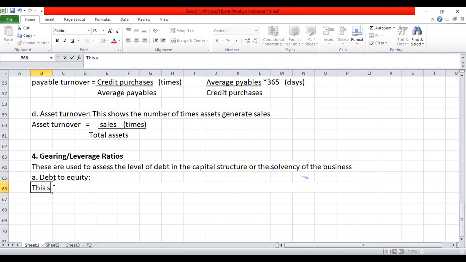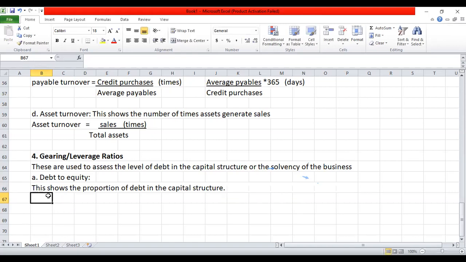This shows the proportion of debt in the capital structure. So in your capital structure, what is the proportion of debt, or what is the percentage of debt in relation to equity?